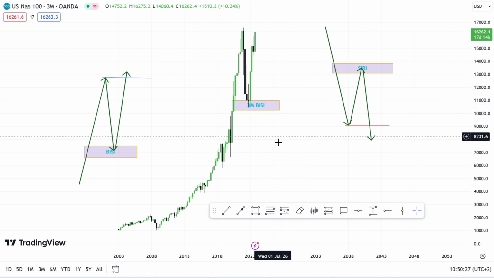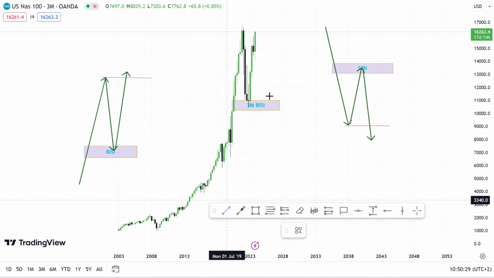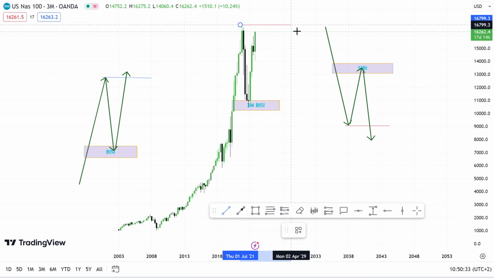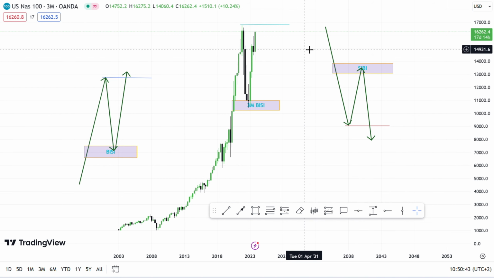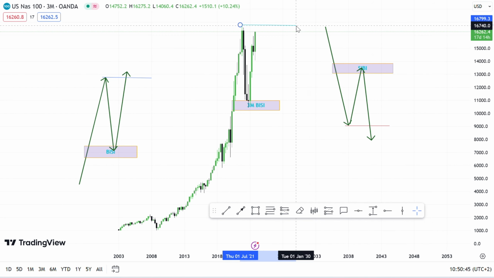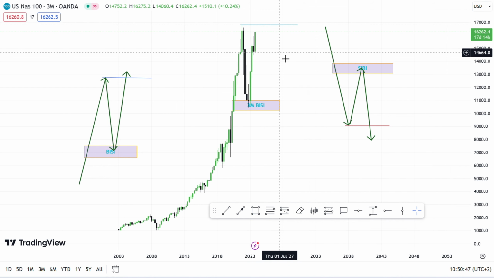So as I told you, we go into that area and we target a what? A high. Highs in this series will always be marked with blue, and lows will be marked with red. Okay, so that might not be straight, I apologize, but let's get to business.